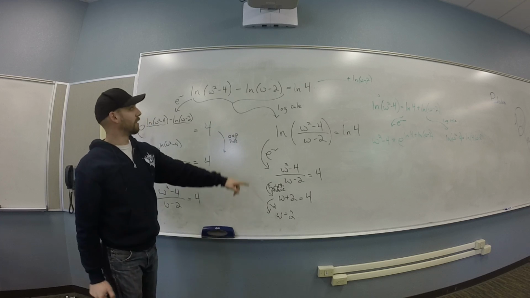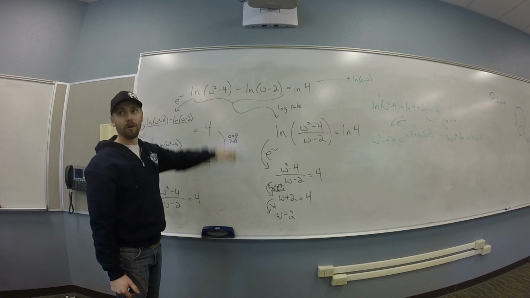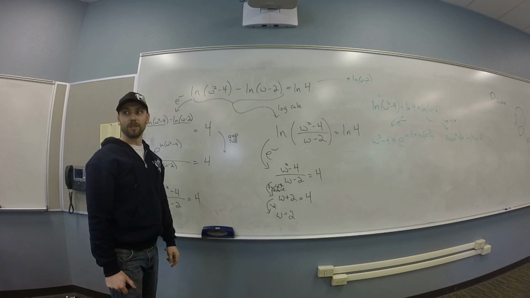So if you take that W equals 2 at the end and plug it back in at the beginning, you get the natural log of 0, right? Which is... natural log of 0 is, how many e's do you multiply together to get 0?